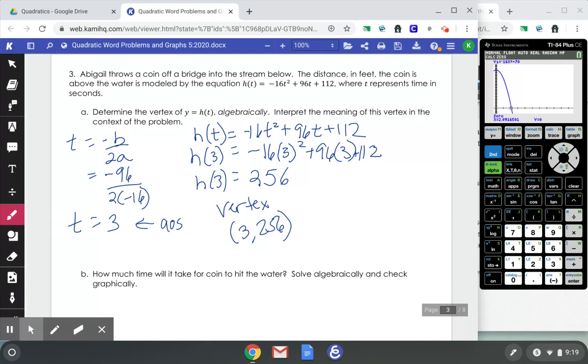Then it's saying to interpret the meaning of the vertex in context of the problem.